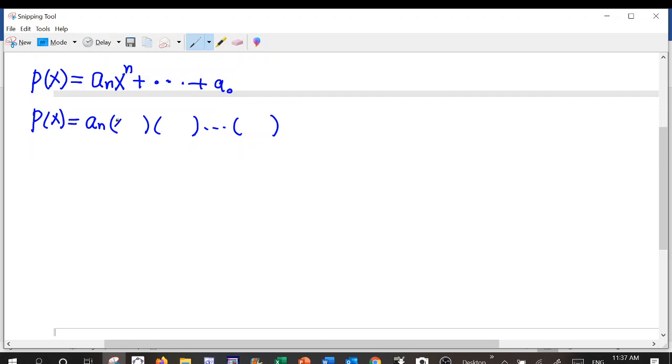That means x in the factor is to the first power. How many factors? As many as we have degrees. So if the degree is 3, then we have 3 factors. If it's 5, we have 5 factors.